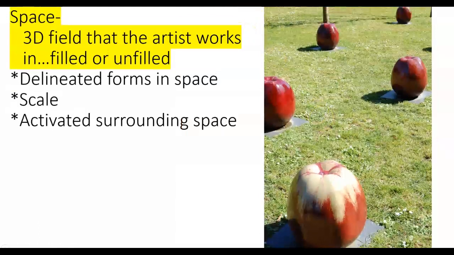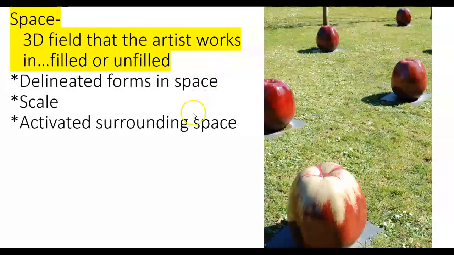Space is our next element. The 3D field that the artist works in. It's either filled or unfilled space. In this case, delineated forms in space, so actual outlined real forms in space, like these huge ceramic apples that are out on a field here.